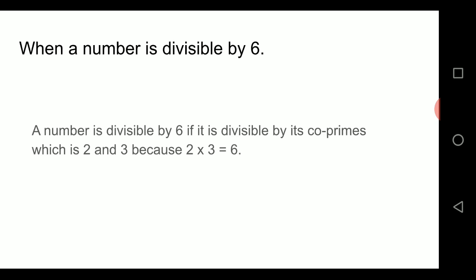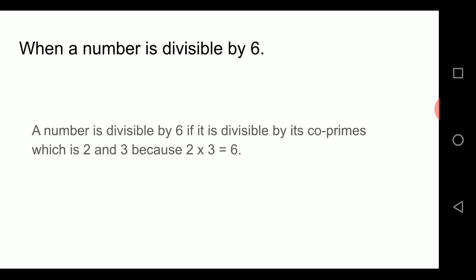So if any number is divisible by 8 and 3, that number is also divisible by 24, because 8 and 3 are co-primes of 24. There are a lot of examples like this. That's the idea behind co-primes.